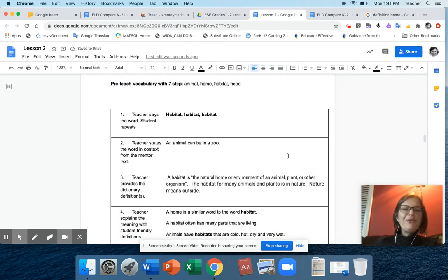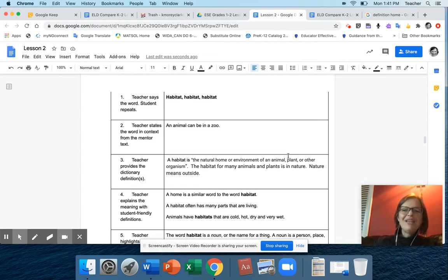Okay, our third word of today is habitat. Everyone repeat after me. It has 3 parts. Habitat, habitat, habitat. Big word.